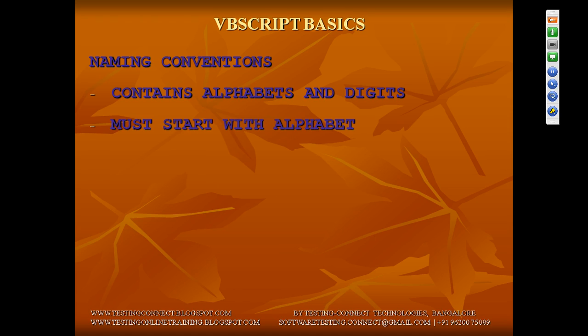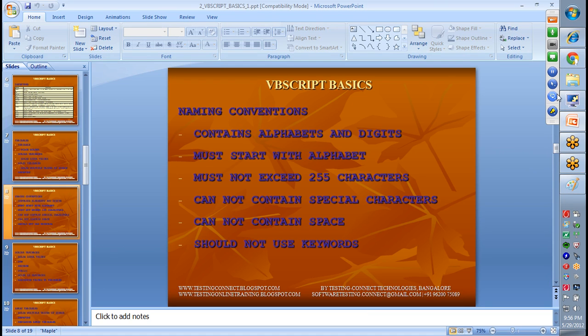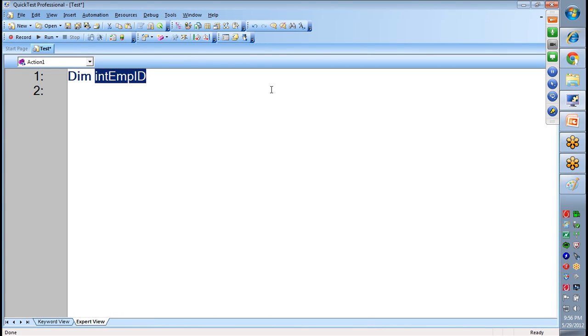Here you are mentioning alphabets and digits, but you cannot give a name like zero name. Name one you can give, but one name you cannot. The variable name you can give like name one, but not like one name. That will be taken as invalid.